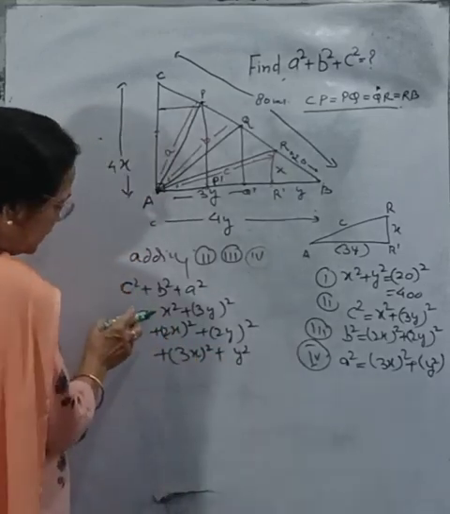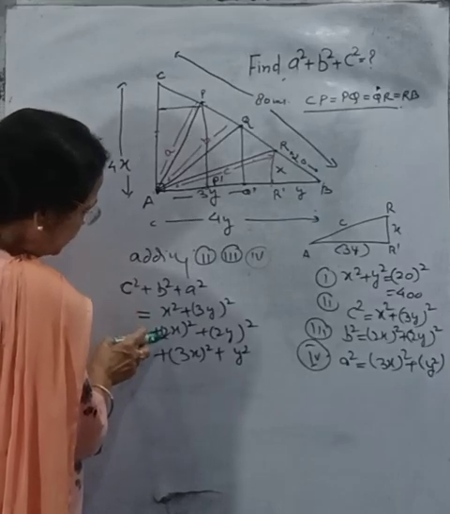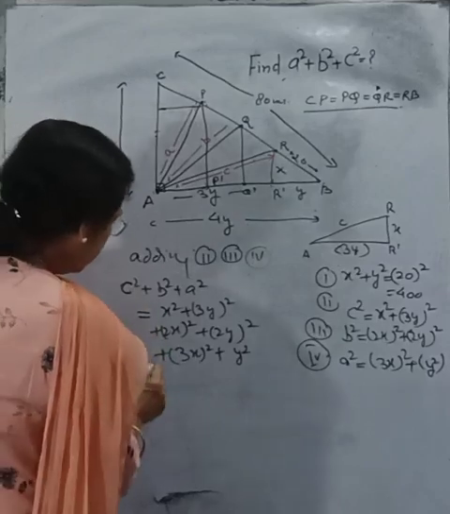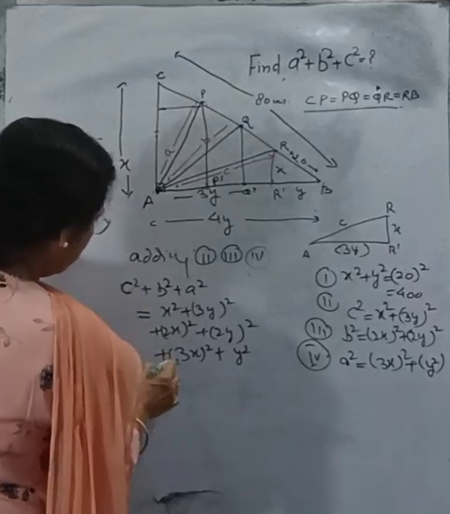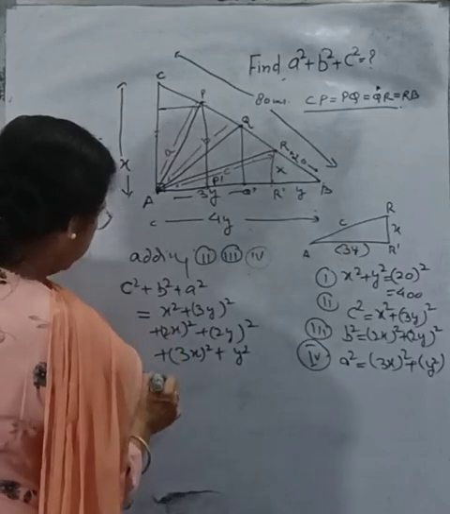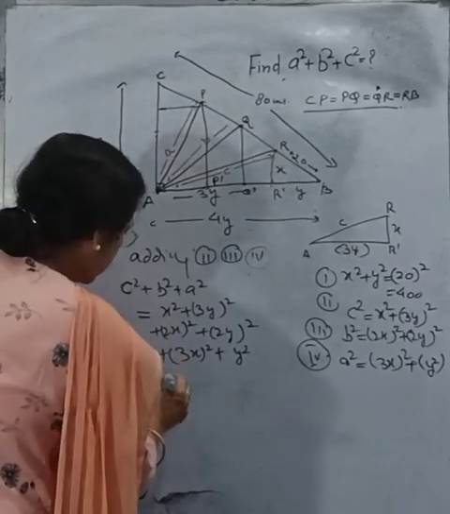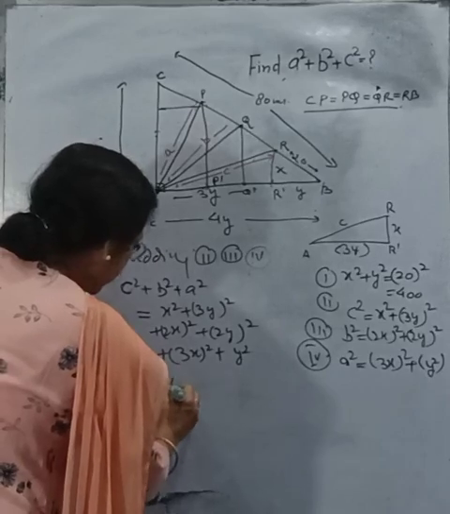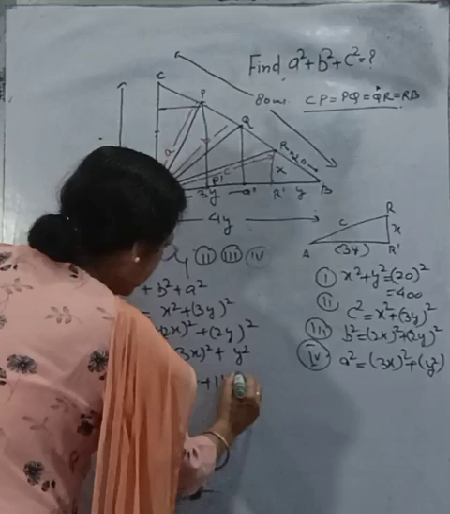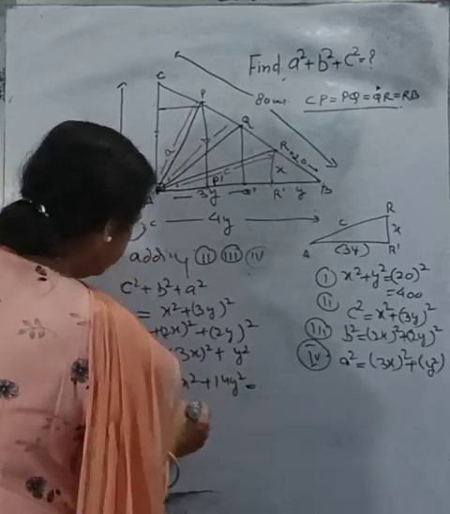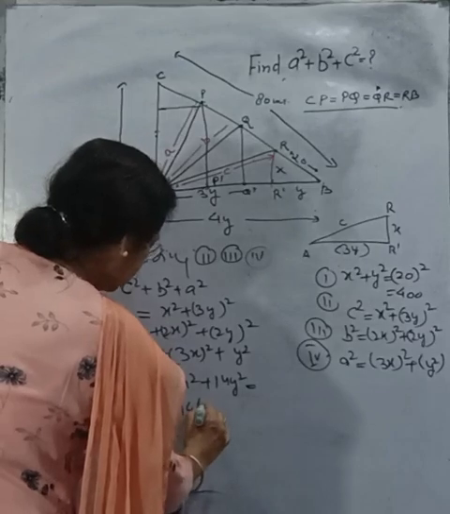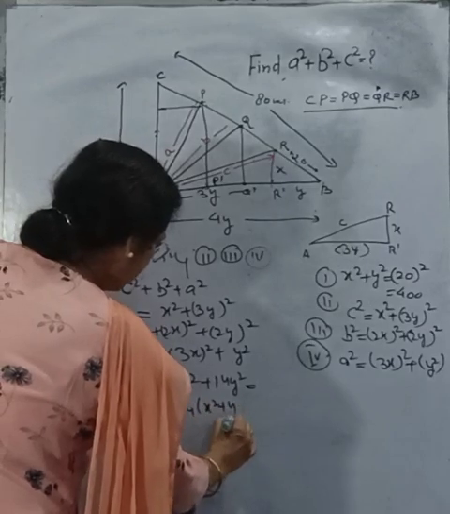Adding up, this is 14x square plus 14y square, which can be written as 14 times x square plus y square.